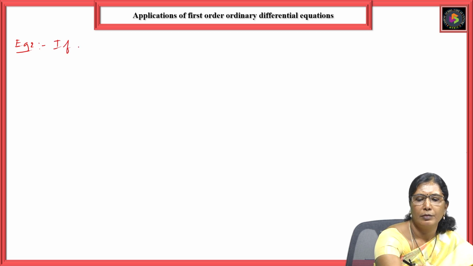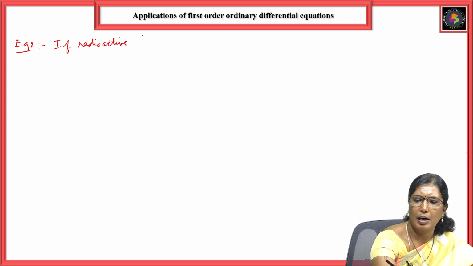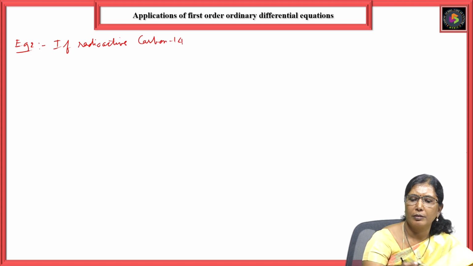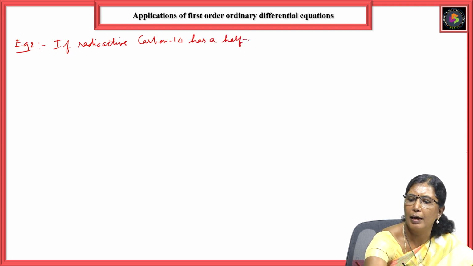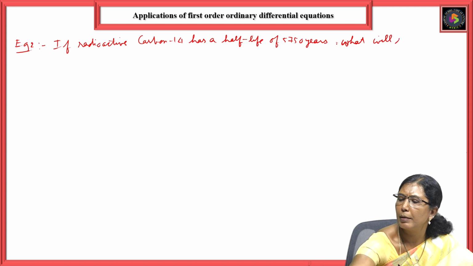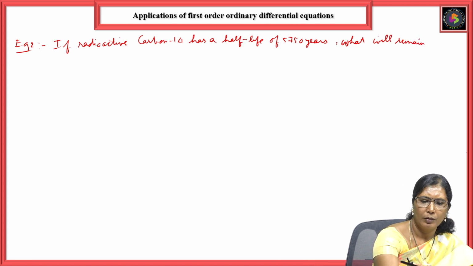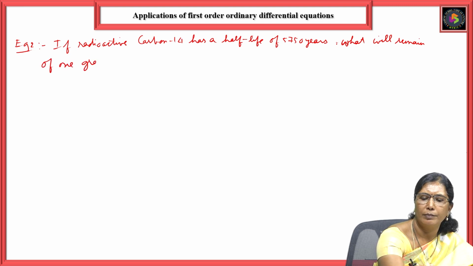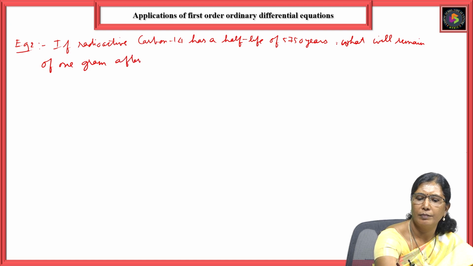If radioactive carbon-14 has a half-life of 5750 years, what will remain of 1 gram after 3000 years?